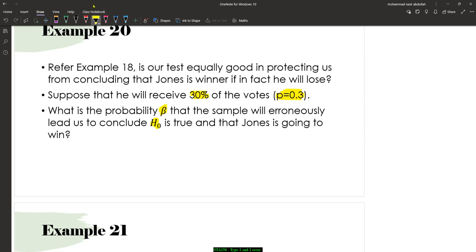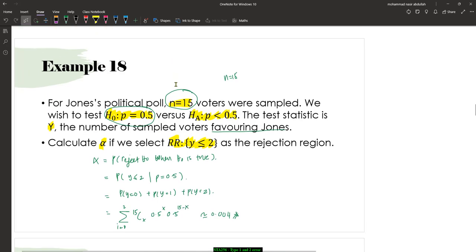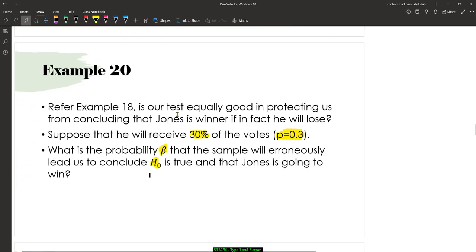So based on example number 18, it is a binomial problem, kan, either Jones is winning the poll or losing the poll, right? So initially dia ambil berapa, 15, sama jugalah example number 20 is still n equal to 15 lah.